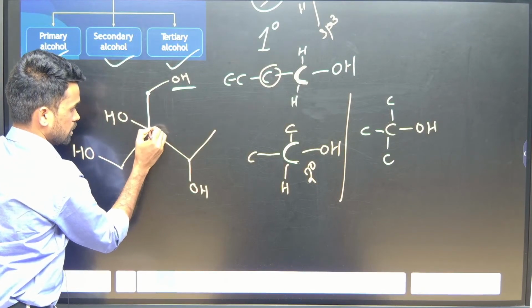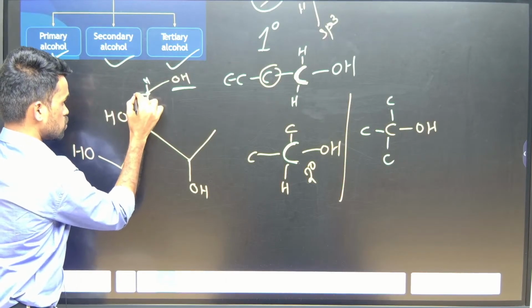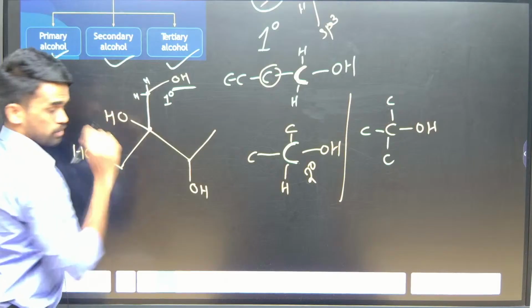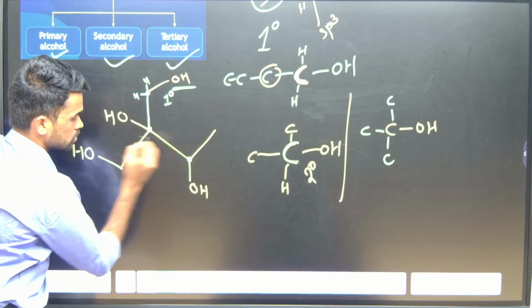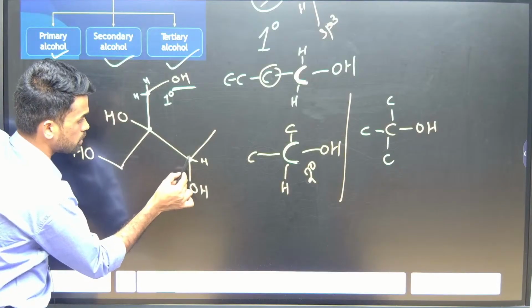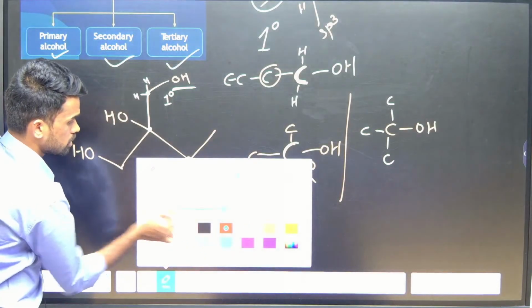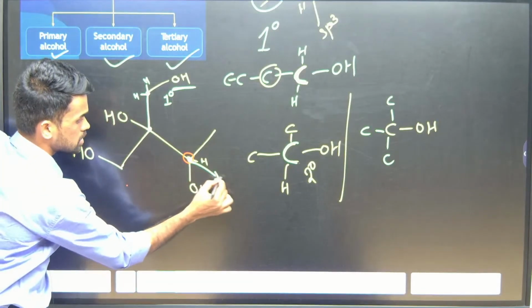There are no other carbons here, only hydrogens. So you should call it primary. Now what about this carbon? One carbon on this side, another carbon on this side, and one more hydrogen. It means two carbons are directly attached to this central carbon, so you should call it secondary.